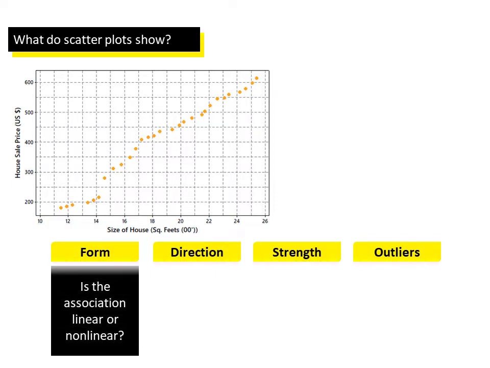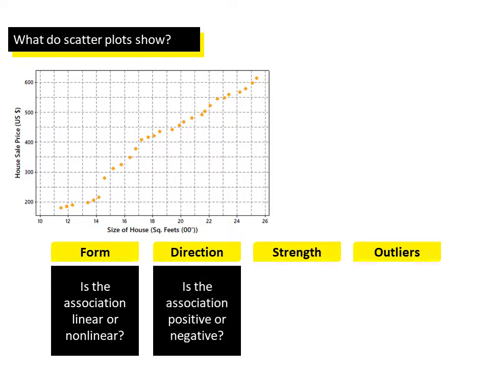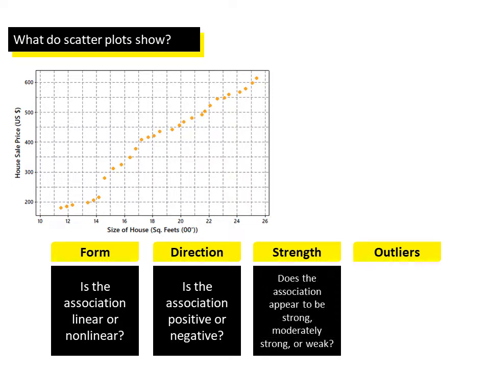Firstly, form implies: is the association linear or nonlinear? Secondly, direction implies: is the association positive or negative? Thirdly, strength implies: does the association appear to be strong, moderately strong, or weak?